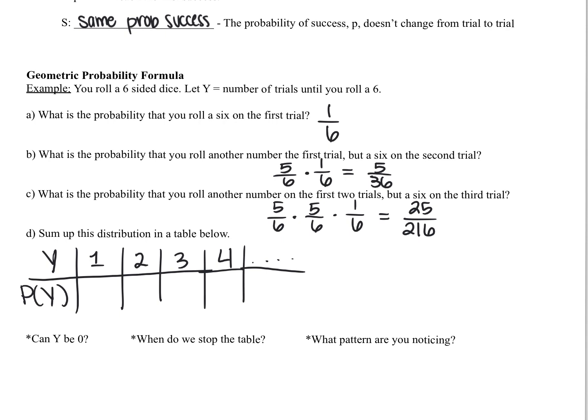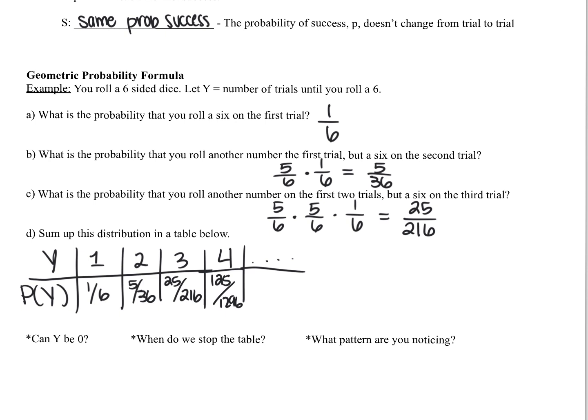All right, so we have 1/6, then we have 5/36, then we have 25/216. And you kind of get the idea that my numerator keeps getting multiplied by 5 and my denominator keeps being multiplied by 6. So it's going to be 125 over 1,296. And I can keep going.